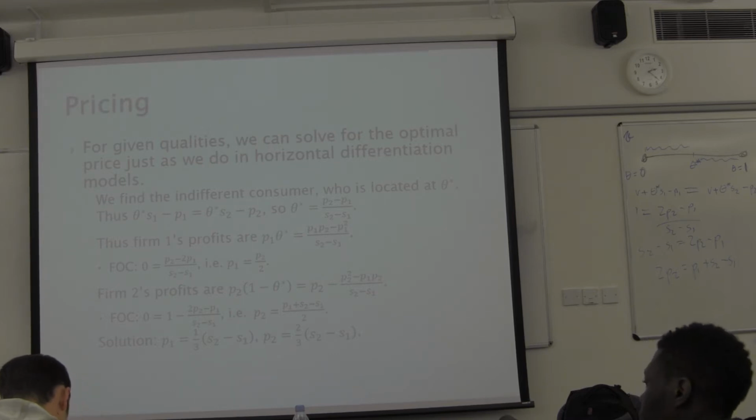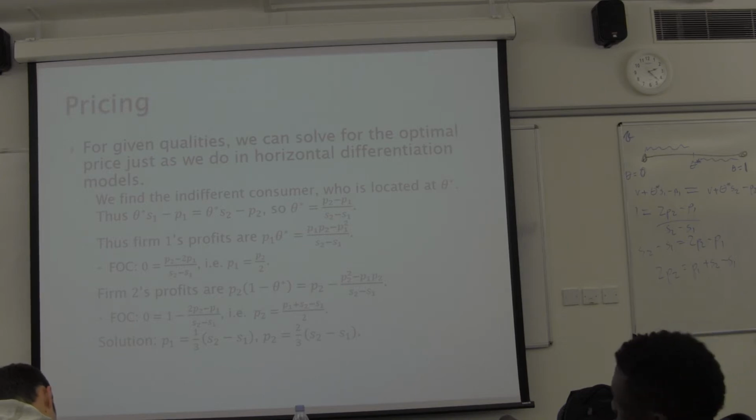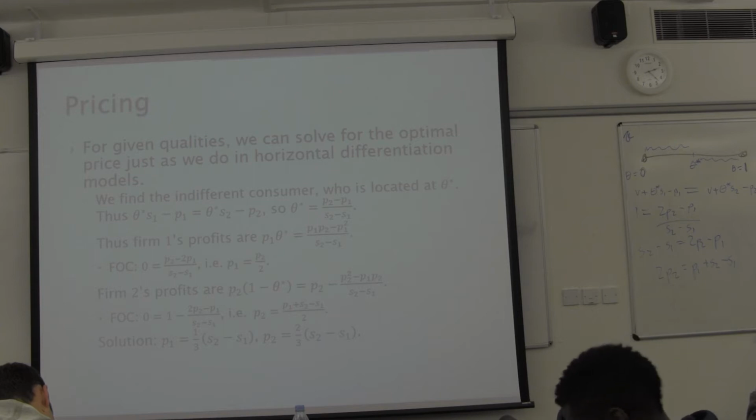If you substitute this one into that one, you get P2 is equal to P2 over 4 plus S2 minus S1 all over 2. So this is a quarter of P2. If we subtract a quarter P2 from both sides, we get 3/4 P2 is equal to S2 minus S1. So P2 is equal to 4/3 of S2 minus S1.